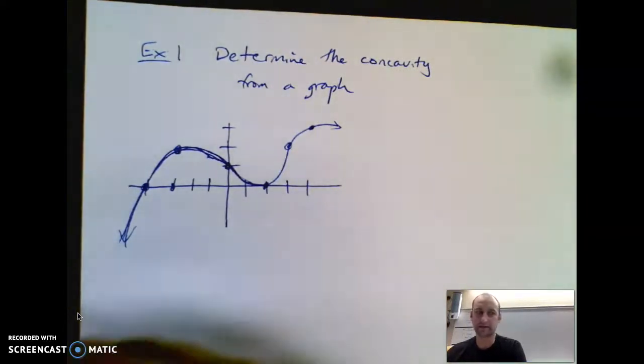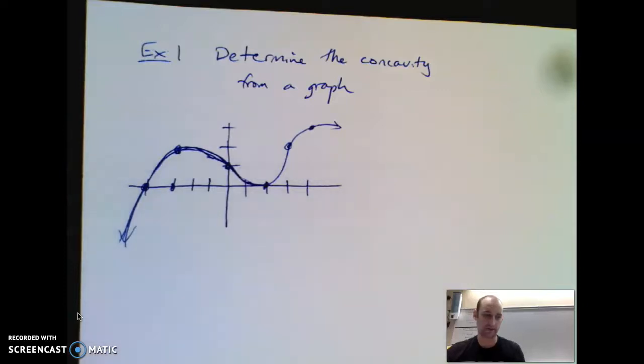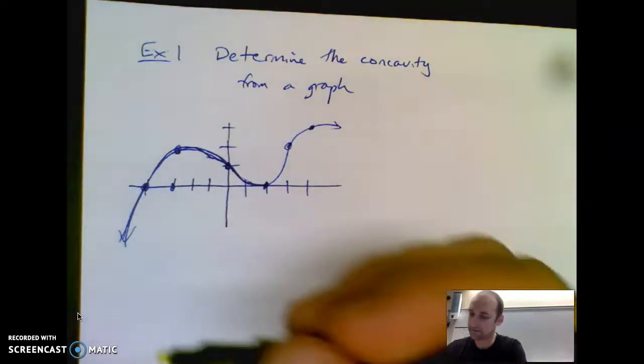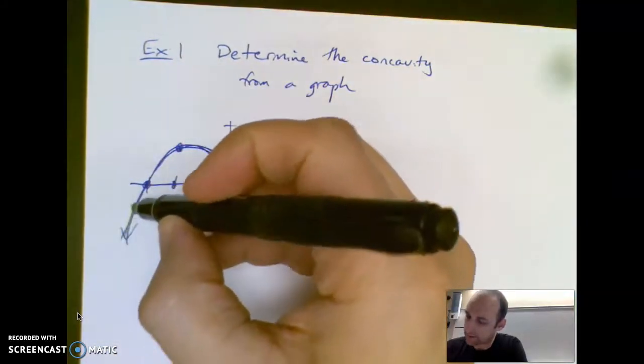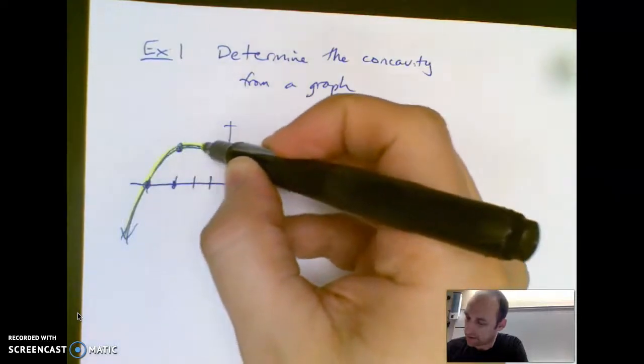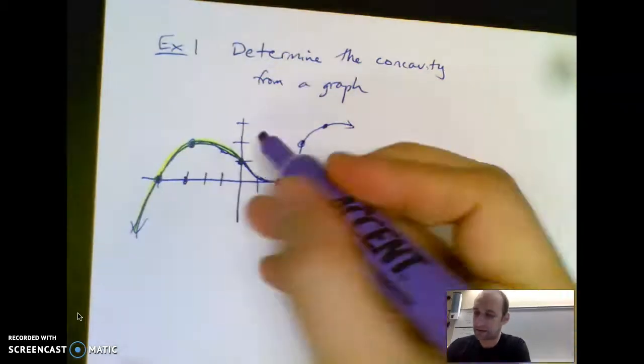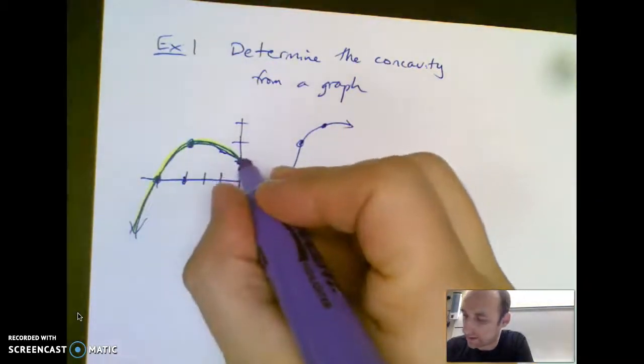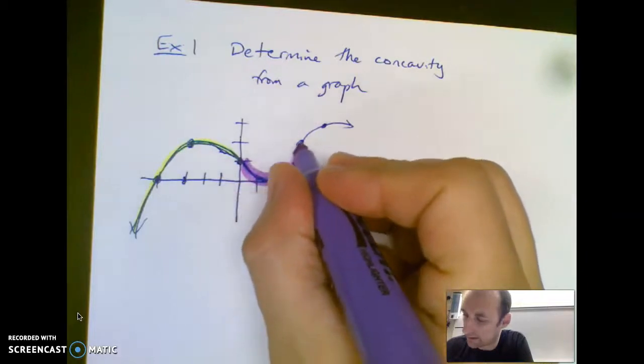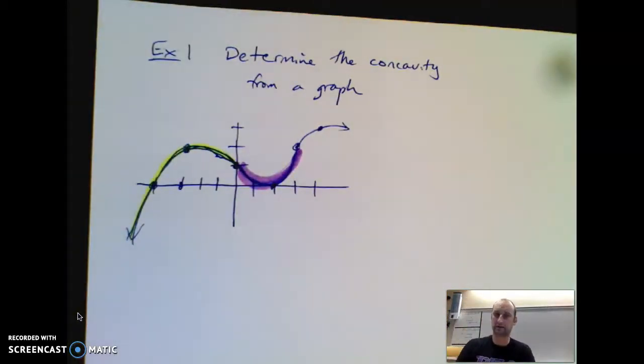But if I'm doing concavity, I just want to look at its curvature. Is it down like a frown or up like a cup? If I look at this first chunk of the graph, this whole chunk is down like a frown from here to here, right? And then it's up like a cup from here to here, and then it starts to frown again.